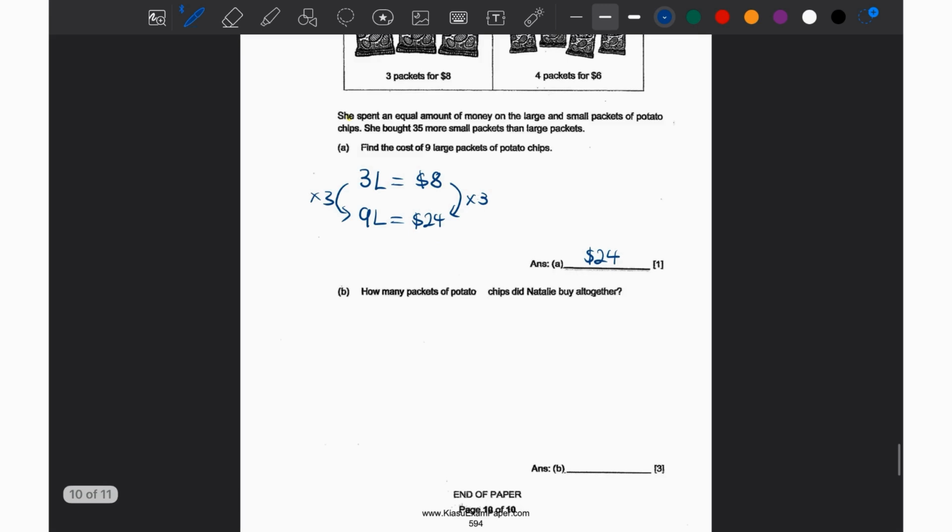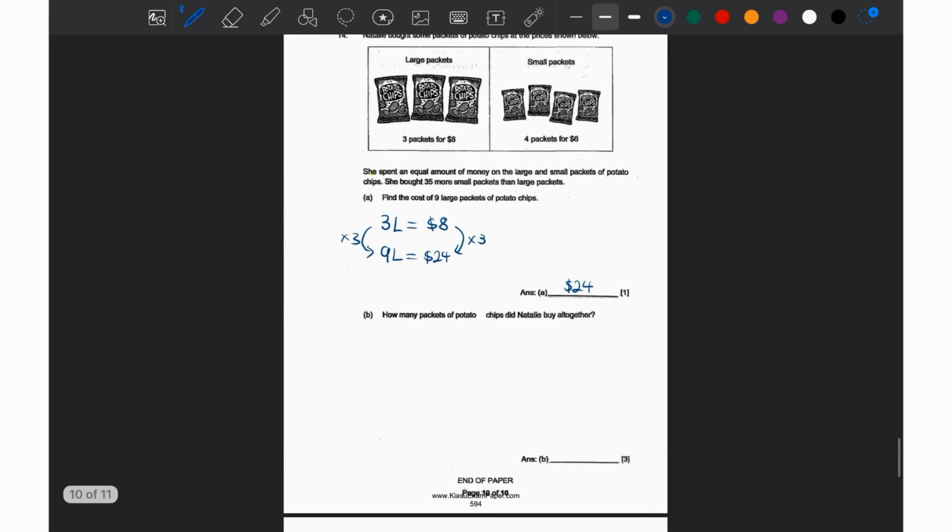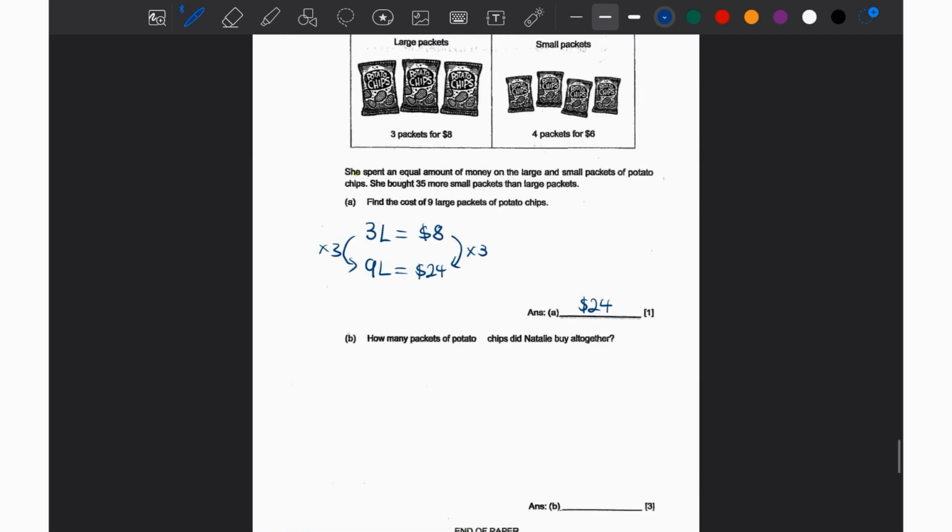Okay, so for part B, how many packets of potato chips did Natalie buy altogether? Okay, so in this case, how can we figure this out? So we know that 3 large equals $8, and we also know that 4 small packets will cost Natalie $6. Okay.